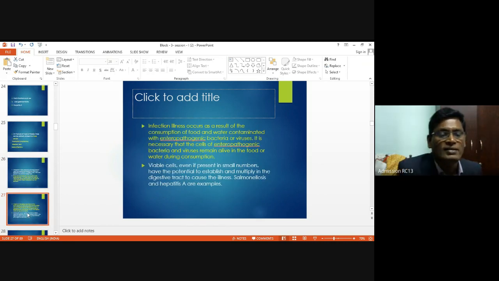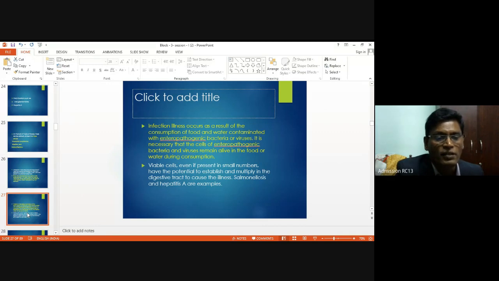Infection illness occurs as a result of consumption of food and water contaminated with enteropathogenic bacteria or viruses. It is necessary that the cells of enteropathogenic bacteria and viruses remain alive in the food or water during consumption. So these bacteria and viruses are alive when we eat the contaminated food, and then they enter the human body.